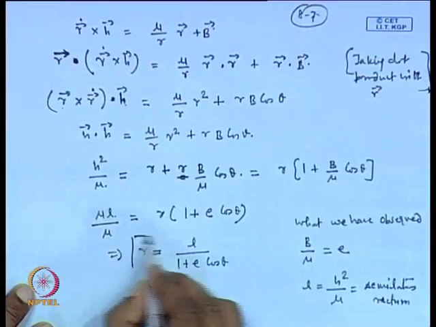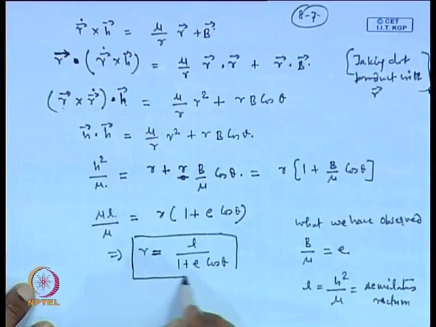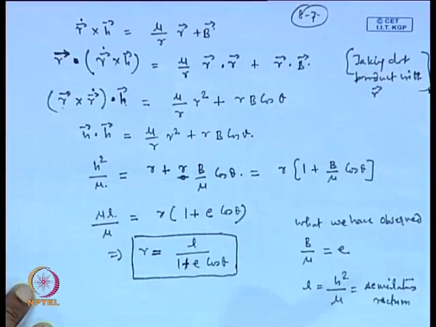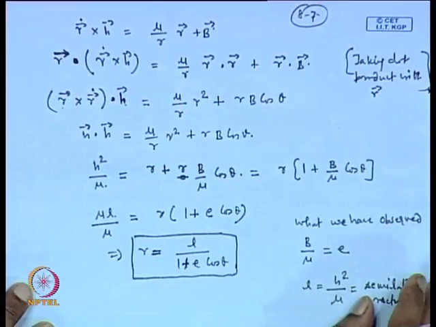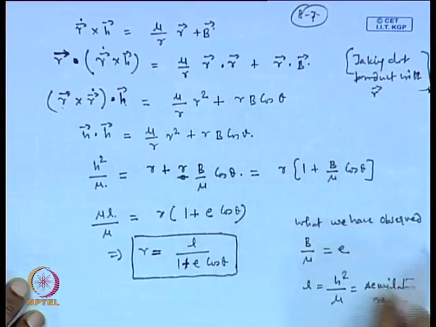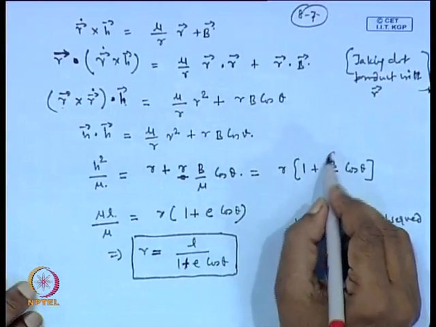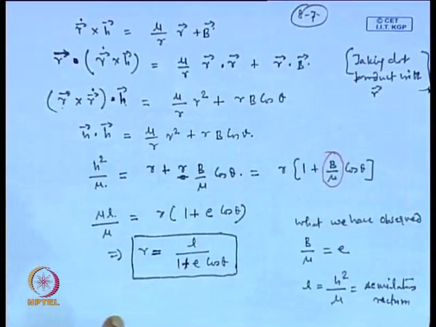This is the relationship that we derived much earlier for the central force motion, and again we have got the same relationship by treating it in another way. But here, what is most important is the quantity b by mu. b is a vector.